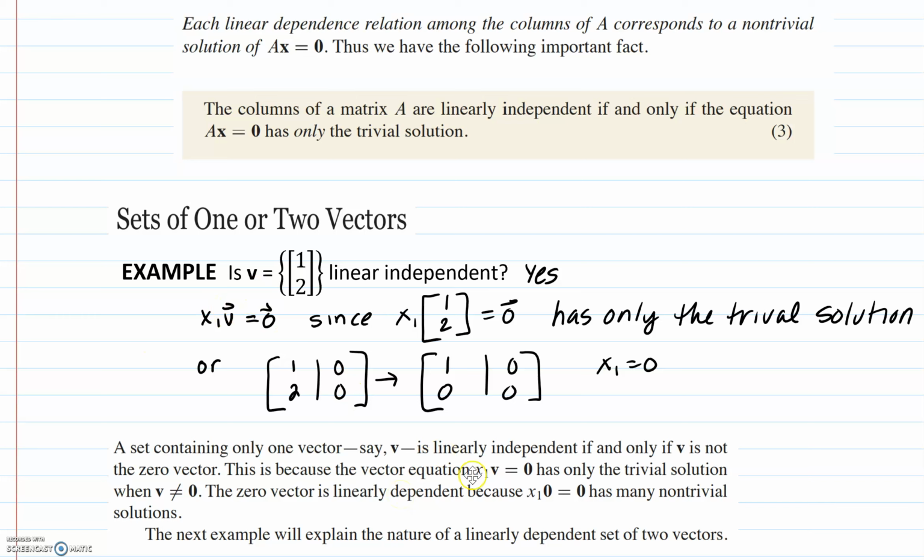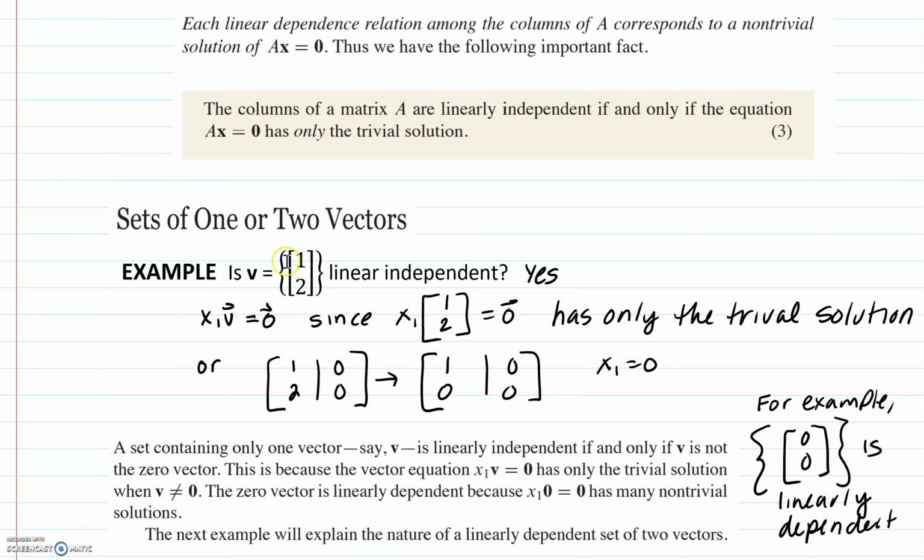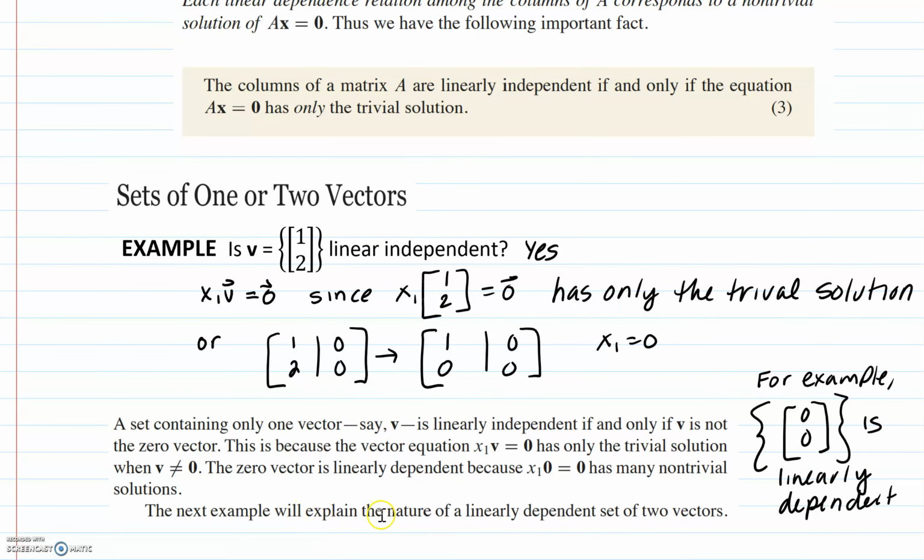If we did have the 0 vector here, x1 times 0 would have many non-trivial solutions. So a 0 vector is linearly dependent. For example, if we had the vector 0, 0, that would be linearly dependent because a number, c, times that 0 vector, c could be anything. C could be 1, 2, 3. Non-trivial.